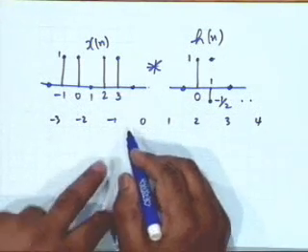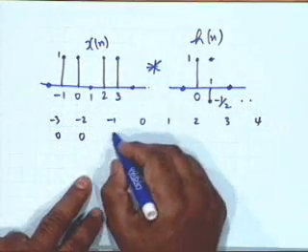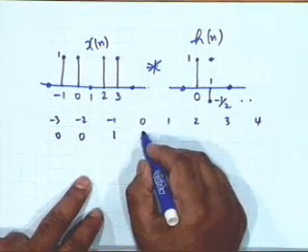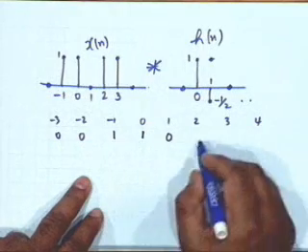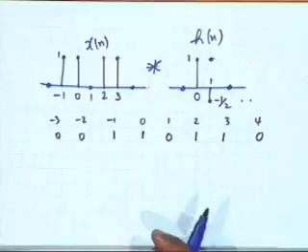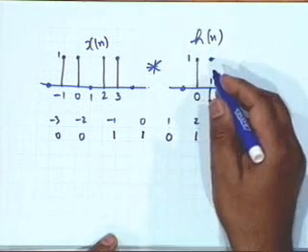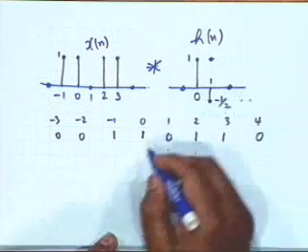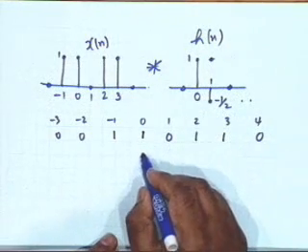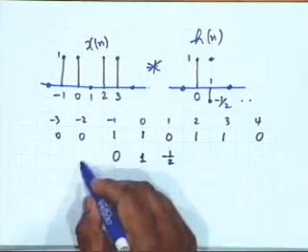X values start at -1, so these are 0, 0. -1 is 1, 0 is 1, 1 is 0, 2 is 1, 3 is 1, 4 is 0. These are the x values. Then I put the h values, h of k. So at 0 it is 1, and at 1 it is -half. All other values are 0.